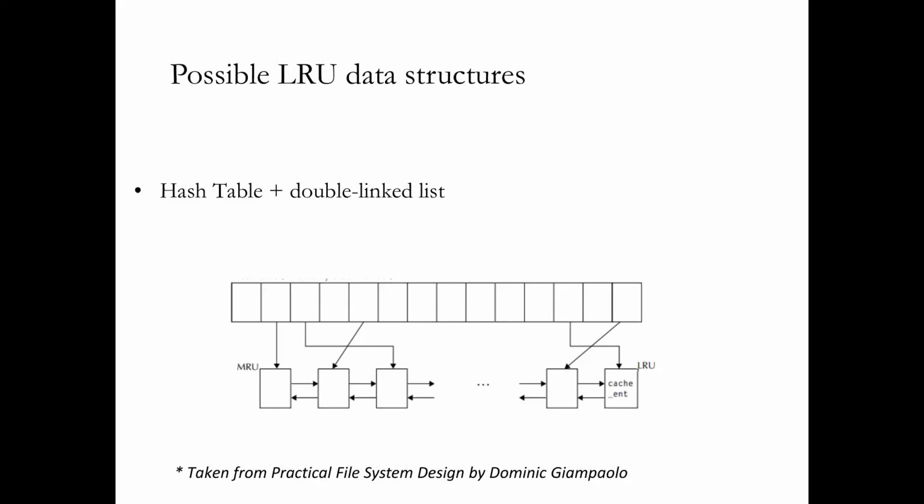So now the double linked list itself, why do we need it? Well, the reason for the double linked list is that whenever we access a corresponding page or block, depending on file system or memory management, we would move the corresponding entity to the most recently used side.